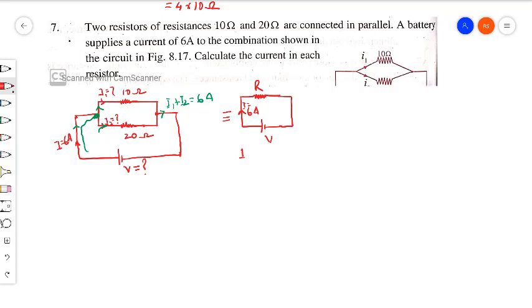Now 1 by R is equal to 1 by 10 plus 1 by 20. So the LCM is 20, so 2 plus 1. Therefore R is equal to 20 divided by 3 ohms. So the equivalent resistance is 20 by 3 ohms.